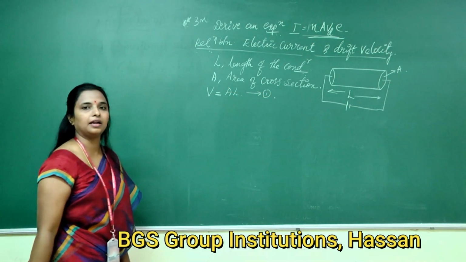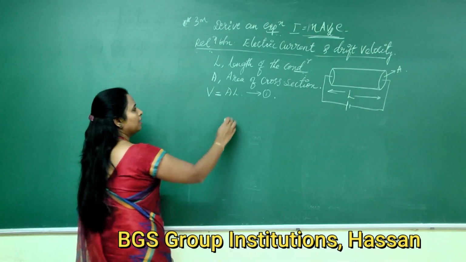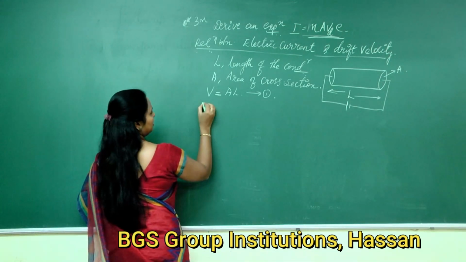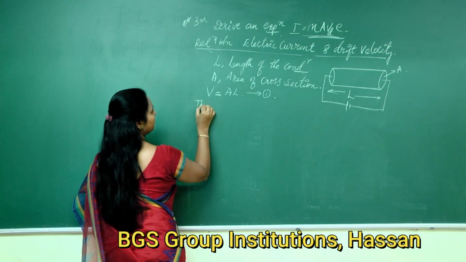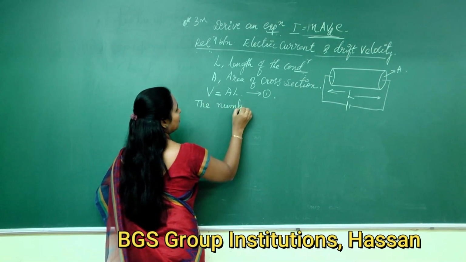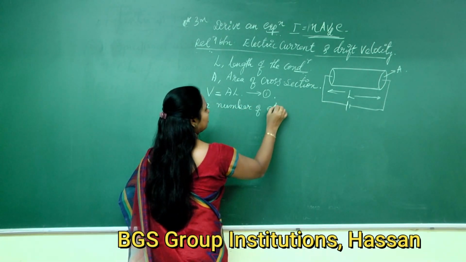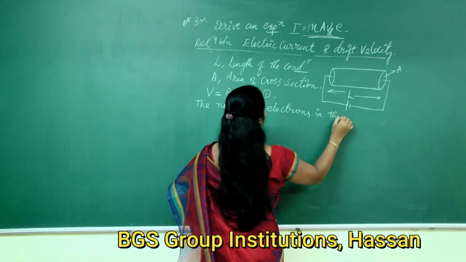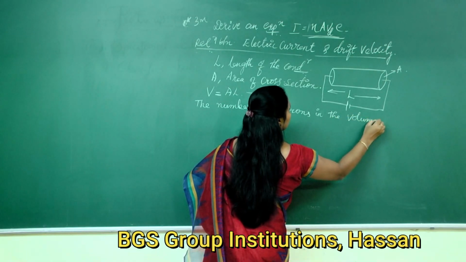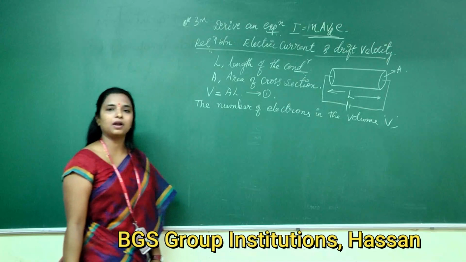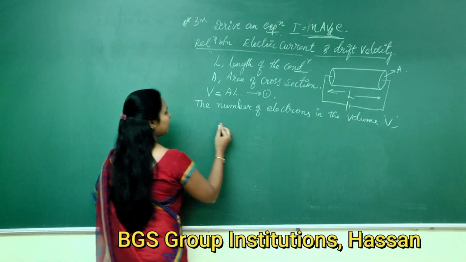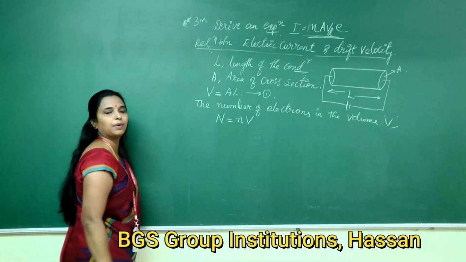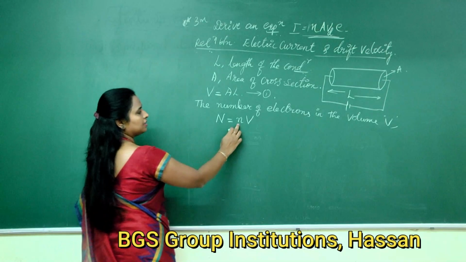So how can we calculate the volume of the conductor? By the product of area and length. Let n be the number of electrons per unit volume. The number of electrons in the volume V is N is equal to nV, where n is the number of electrons.